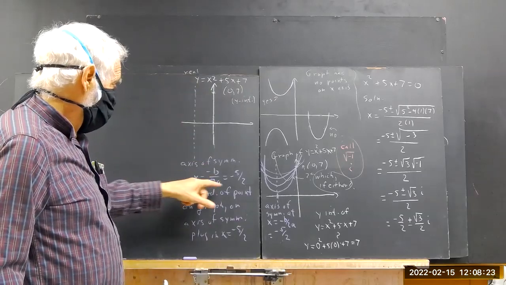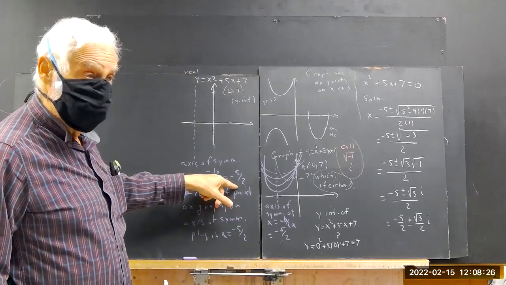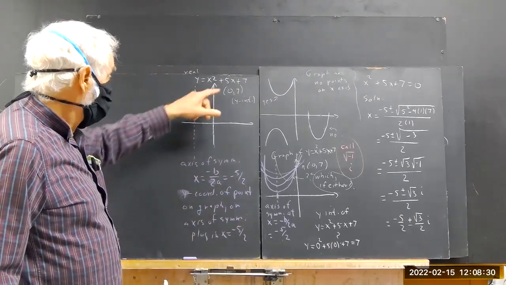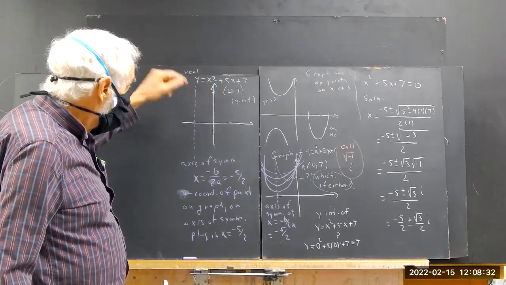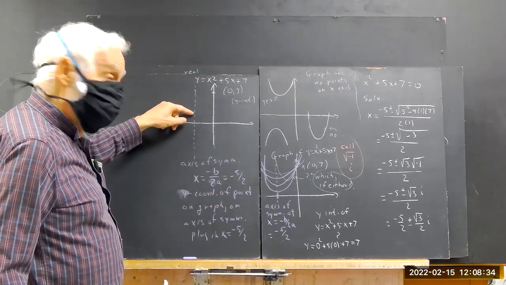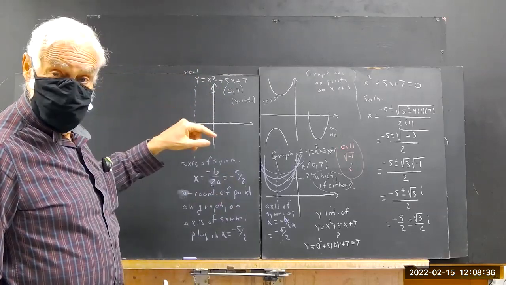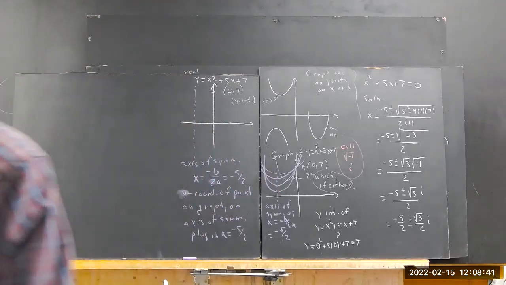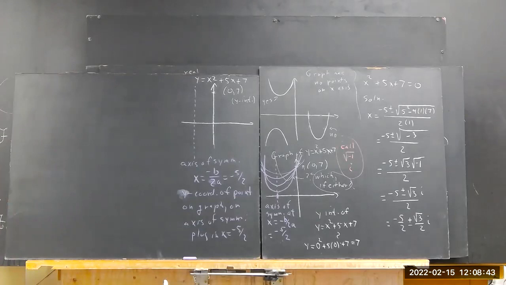We use negative b over 2a to find our axis of symmetry. Then we plug that number in for x to find the y-coordinate, and then we have a point on the axis of symmetry, right? We want to understand the logic of that, what we're doing and why we're doing it.